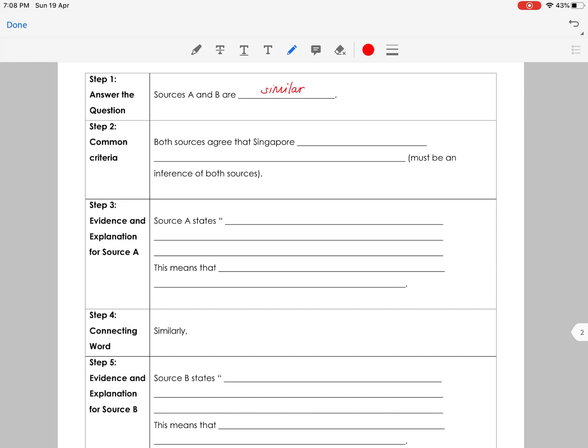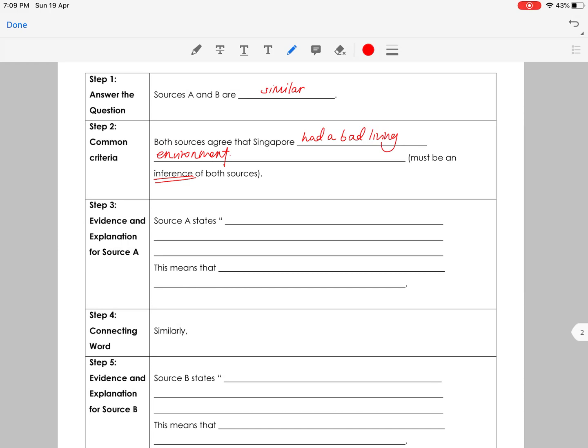Both sources agree that Singapore, and it clearly says here that it must be an inference, Singapore had a bad living environment. Please take this down as the video is going on.